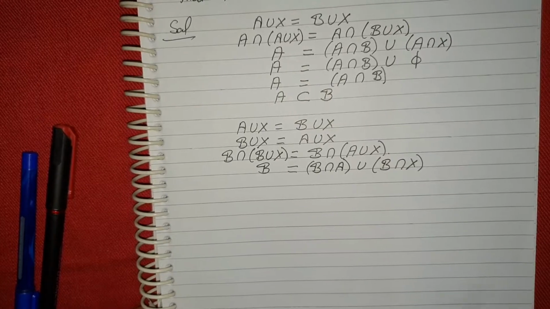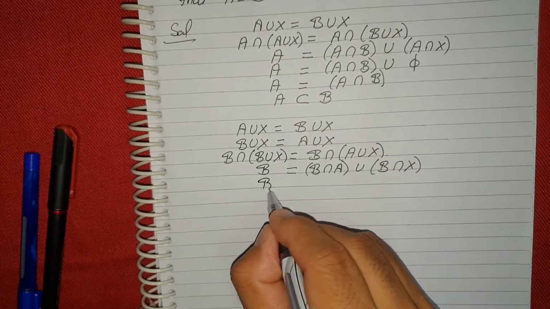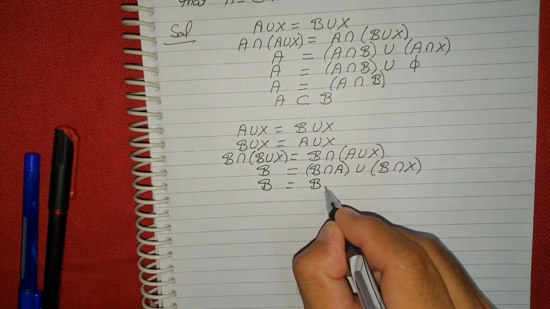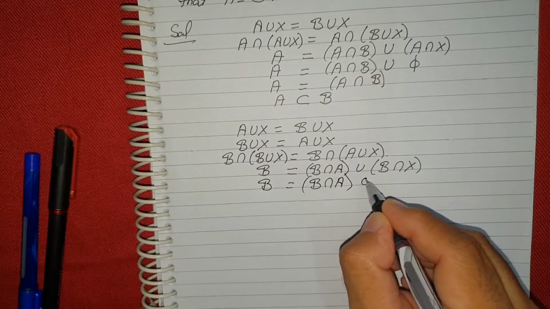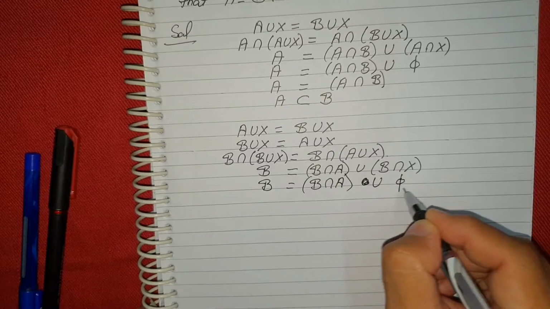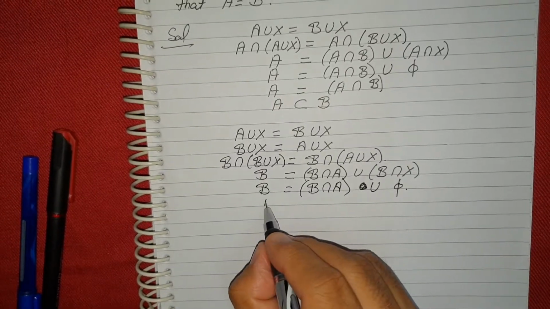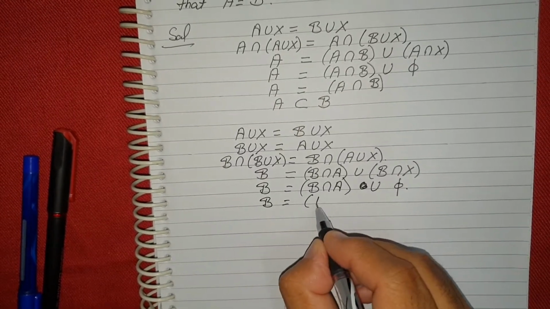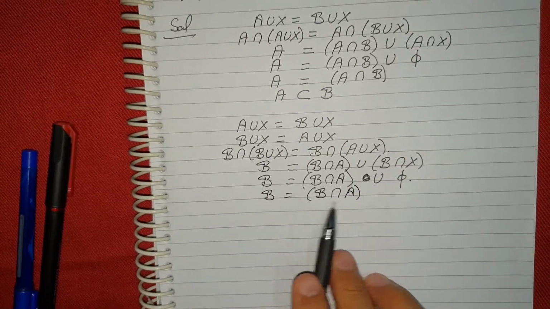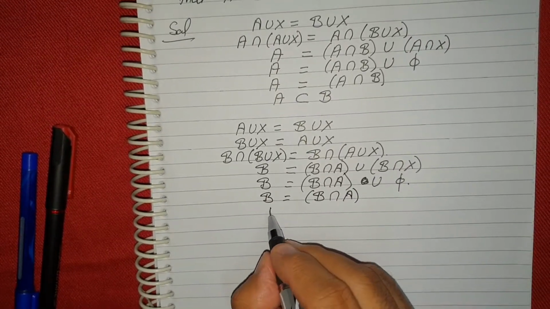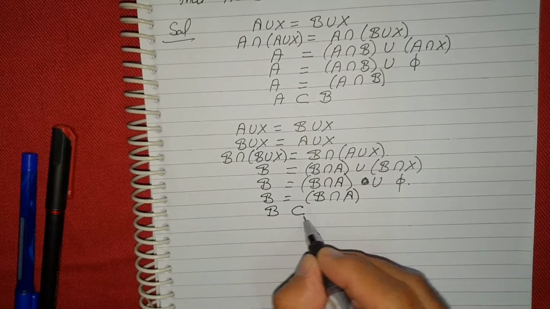So B equals B intersection A union phi. This implies B equals B intersection A. Now, B intersection A is B, so this implies B is a subset of A.